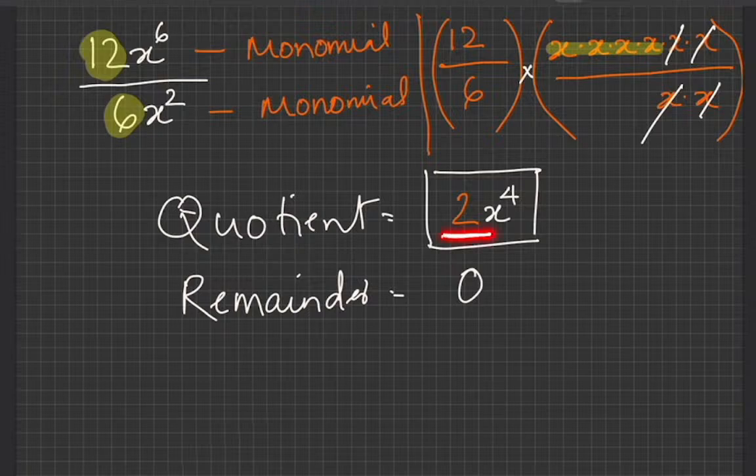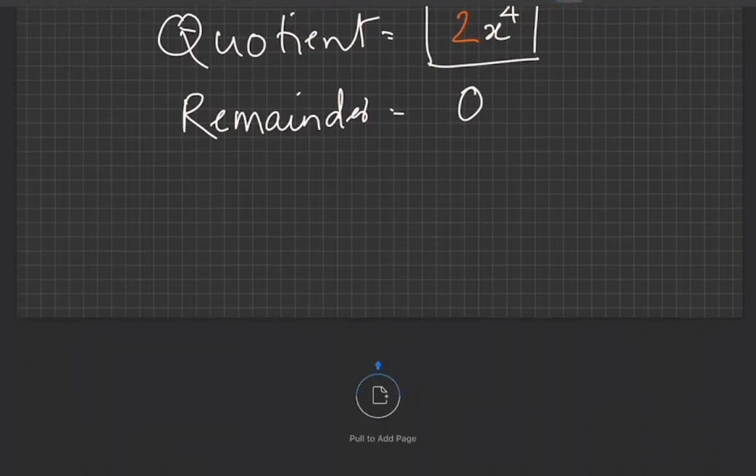So this is the quotient that I have got. And then you use the same rules of division that we used in arithmetic. And for the exponents, x to the power 6 and x to the power 2, we use the laws of exponents, more specifically the quotient law, to simplify it further. Okay, let's take another example.